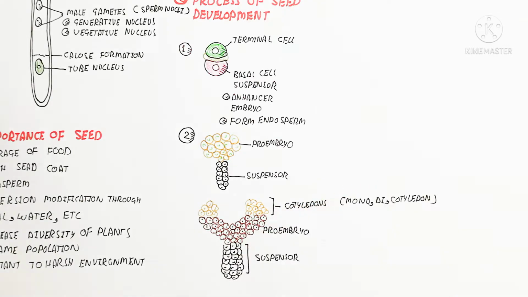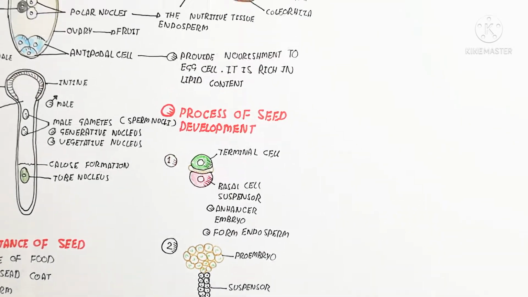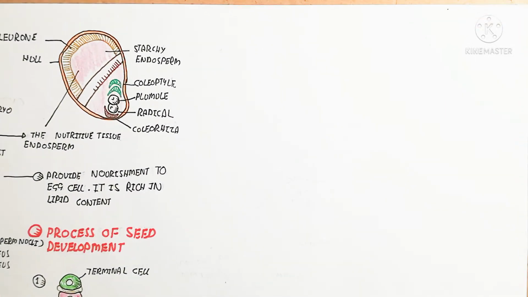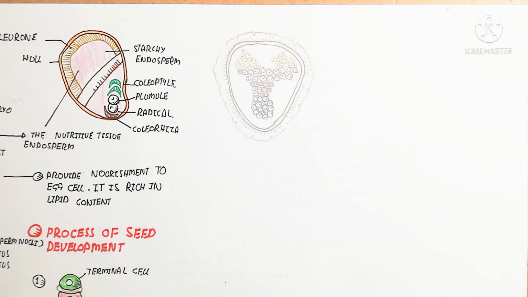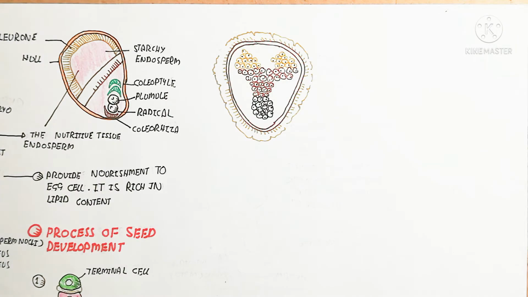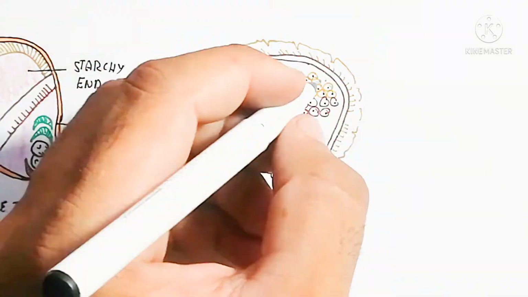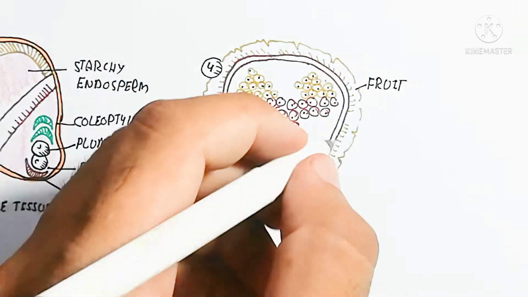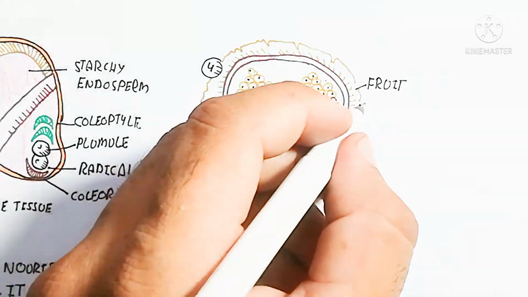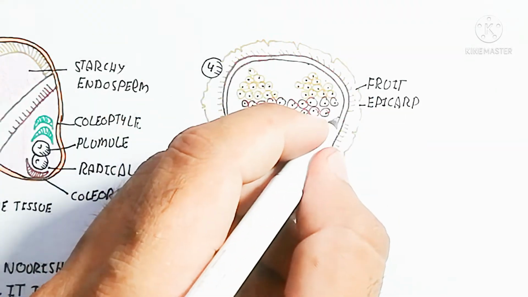We can classify them as monocotyledons, with a single cotyledon, in the grass family, and dicotyledons, with two cotyledons, the angiosperms, which we can say include woody plants also. The proembryo and suspensor are also produced in mono and di.